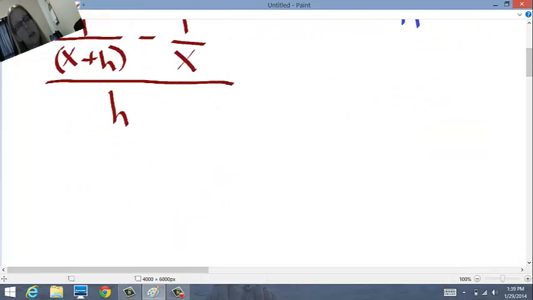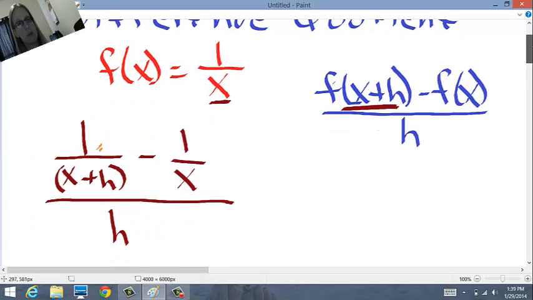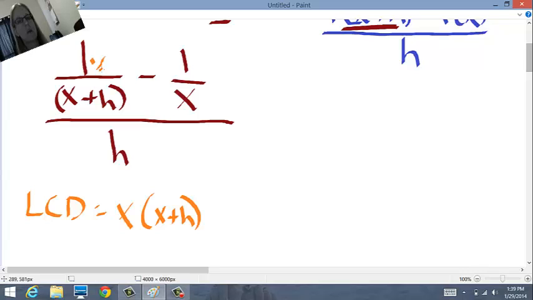This one's a little trickier to simplify because of the fractions. So the trick for this one, very similar when you've done with complex fractions in the past, is to find the LCD so that you can simplify those fractions. And we only had 2 fractions, which was nice, the 2 of them on the top. So our LCD was the x and the x plus h.